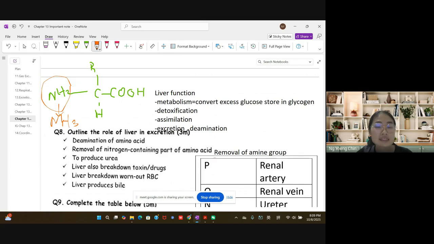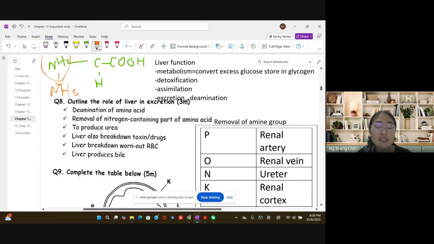But the problem is, ammonia itself is toxic to the body. So you need to convert this ammonia into something less toxic, which is urea. That's why ammonia, the toxic one, is converted to urea inside the liver by detoxification.